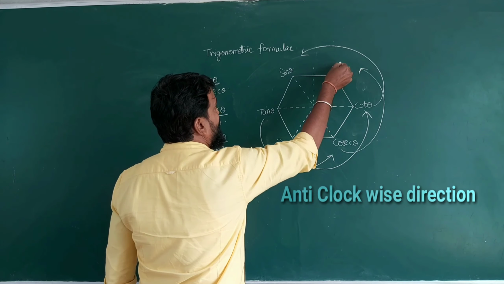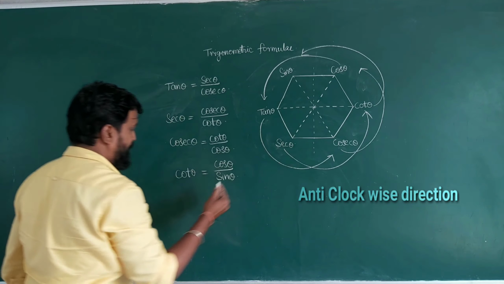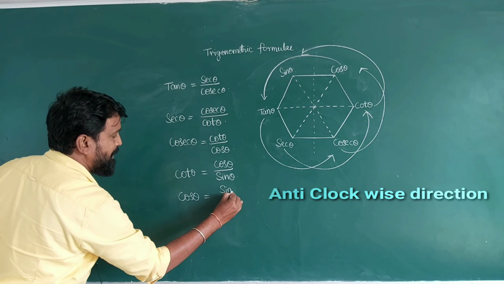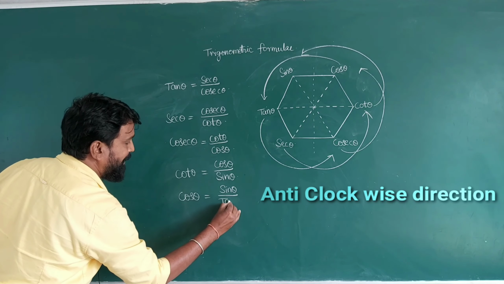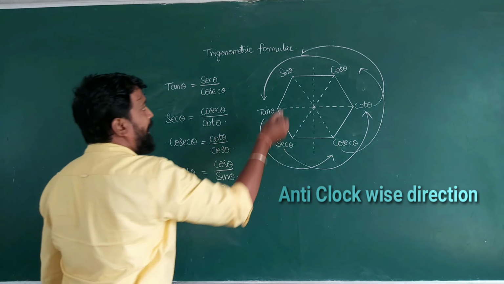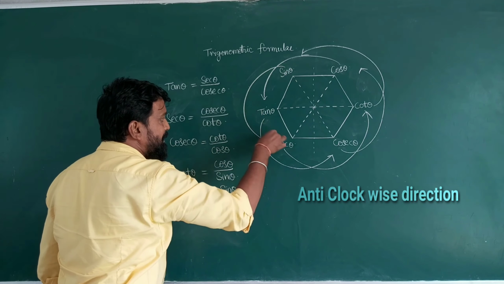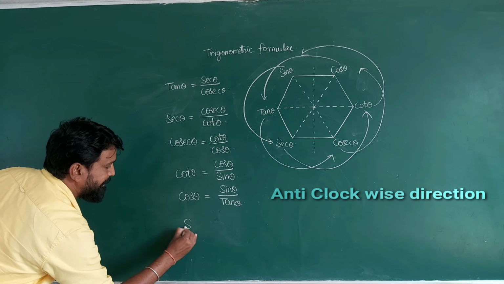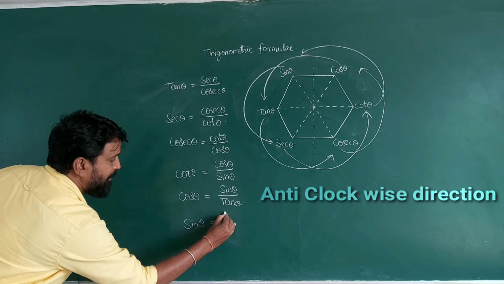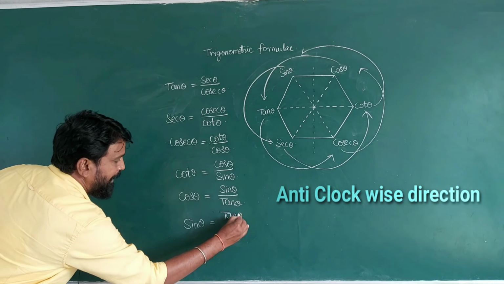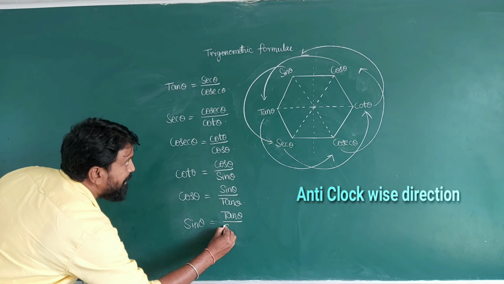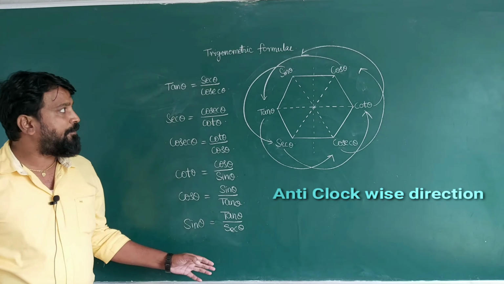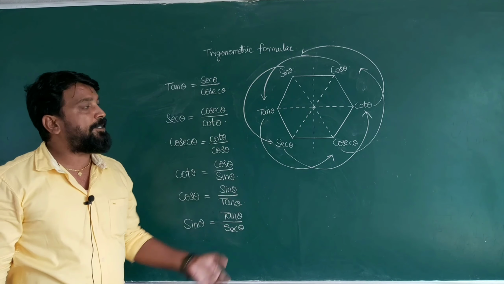Now cos theta is equal to sin theta by tan theta, and sin theta is equal to tan theta by sec theta. See how easily we are defining the trigonometric formulae.